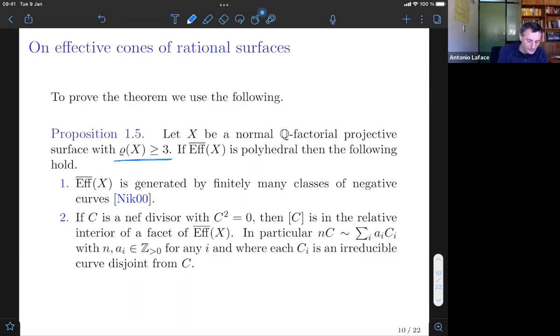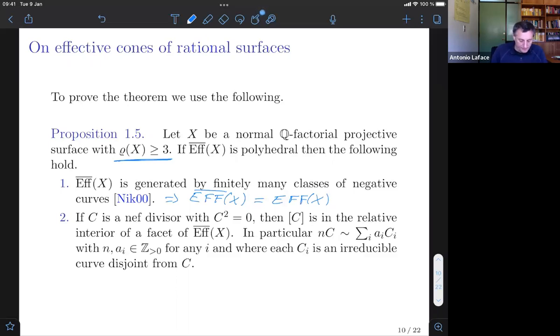First of all, the pseudo-effective cone is generated by finitely many classes of negative curves. This is a criterion by Nikulin, and in particular, this implies that the pseudo-effective cone of X is equal to the effective cone, because it's generated by classes of divisors.